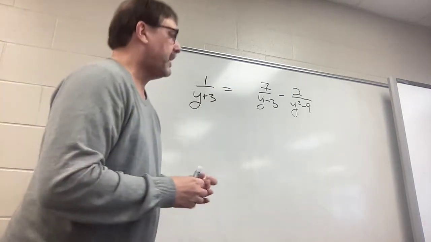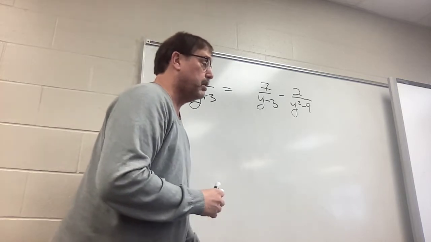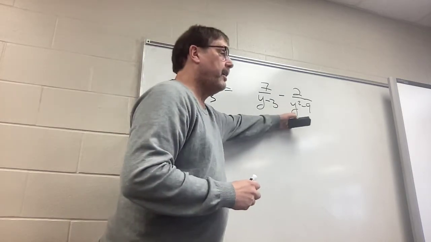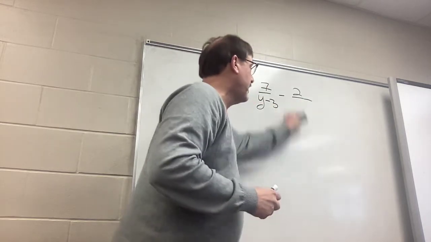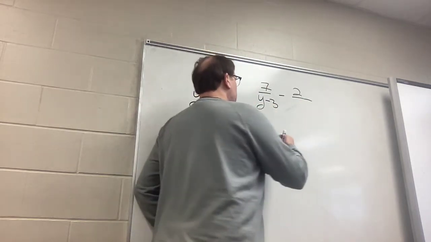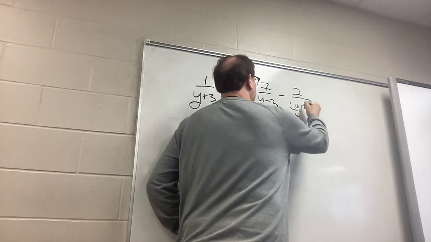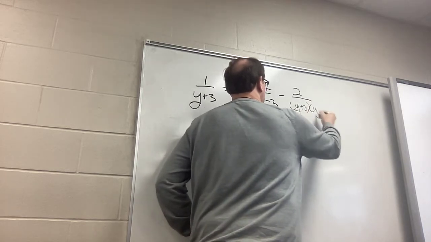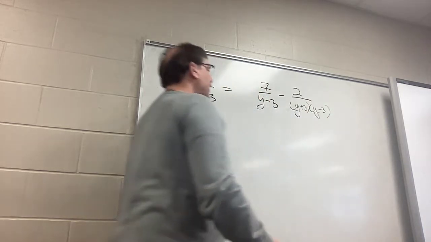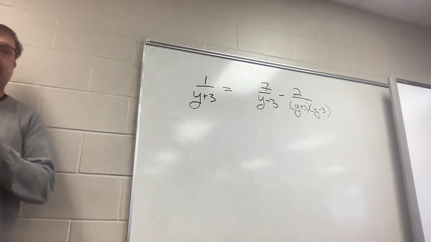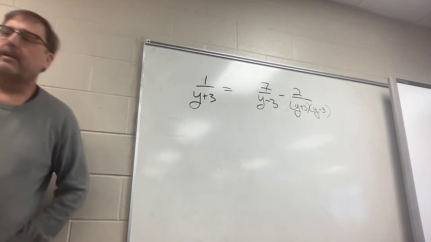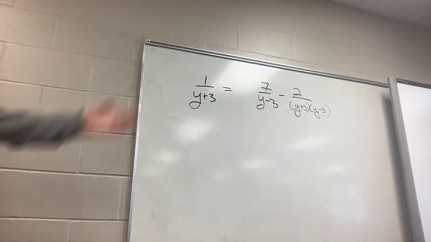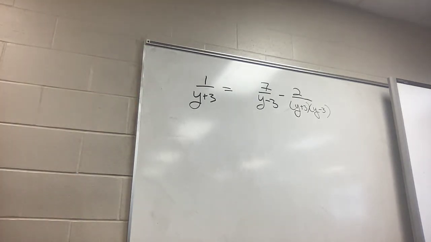And I'm going to factor, and I'm going to be lazy. y squared minus a squared is going to be y plus 3, y minus 3. Okay, that was too lazy of me to do that. Now once we've factored, we get a least common denominator, which means the problem just doesn't get huge.